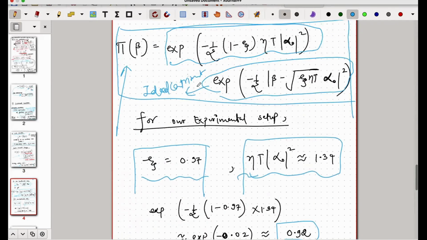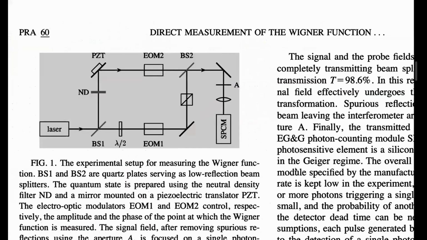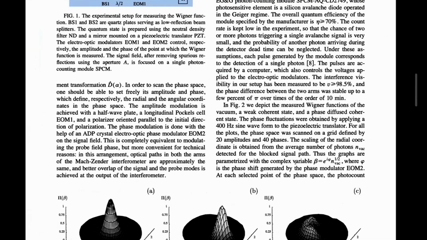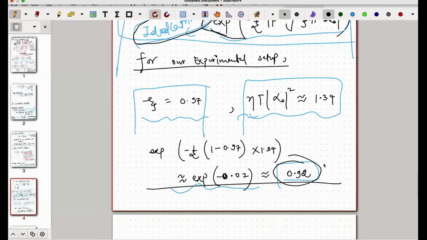The second part, which is my ideal contribution, can be said to be the ideal contribution from the vacuum state, and it will have a factor of 0.92. And Roshan will show from the simulations also that this vacuum state has a higher peak than the coherent state, which is coming from this factor.